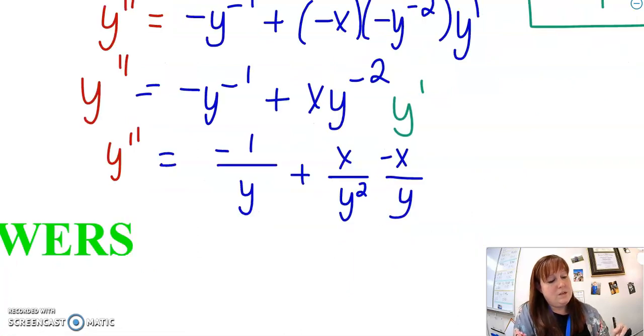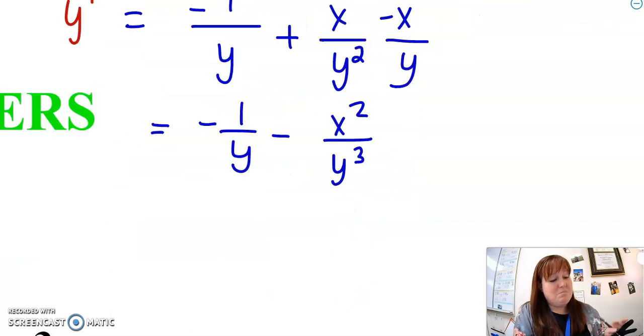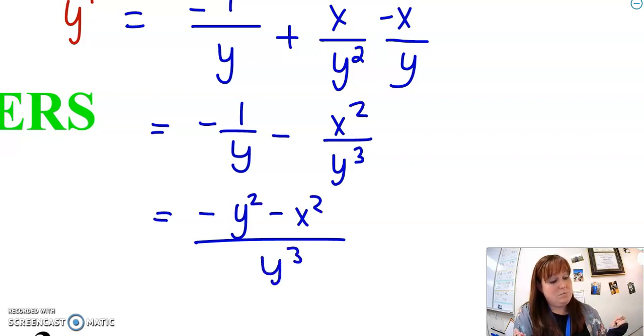Okay, so that equals negative 1 over y, we'll say minus actually, x squared over y cubed. And we could combine it. If we had done the quotient rule, it would have looked different. In fact, let's go ahead and combine it so that we can compare it, we'll do the quotient rule as well. So this would be y squared minus x squared over y cubed.